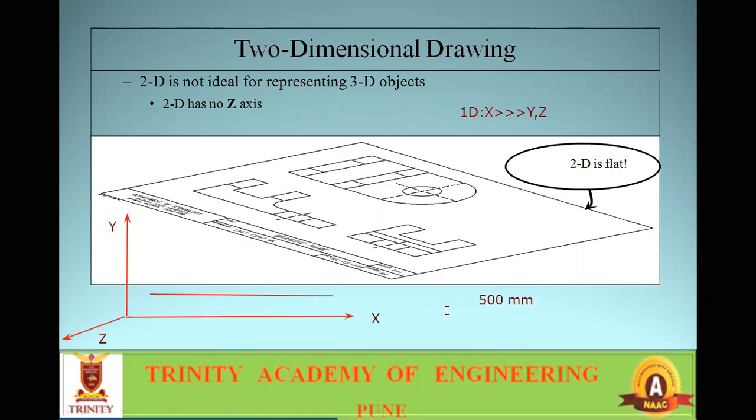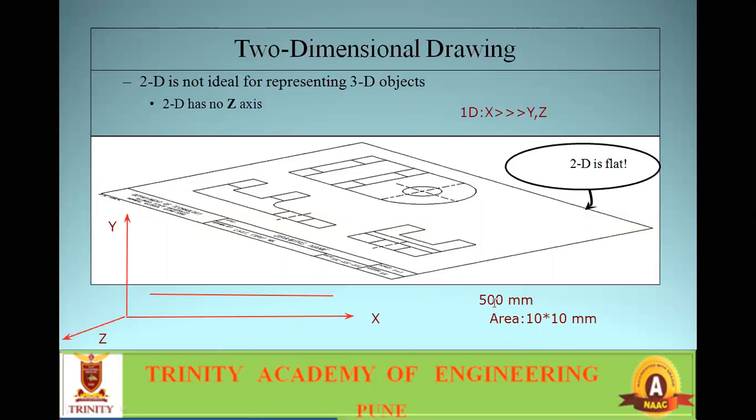Then it has a cross-sectional area of 10 by 10 mm. So here I will put L, this is length.